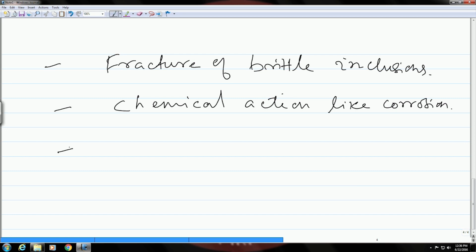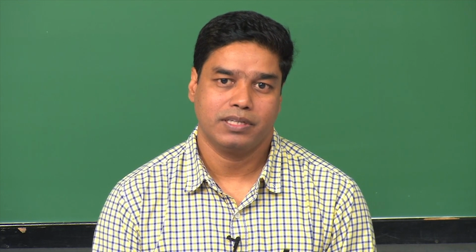Then many metallic systems go through what is known as phase transformation, wherein the material changes from one phase to another at a particular temperature for a given system. The parent phase and the phase which is forming are different and their volume could also be different. So, due to this change in volume it can lead to stresses inside the material, and due to that stress, acoustic emission can be generated.